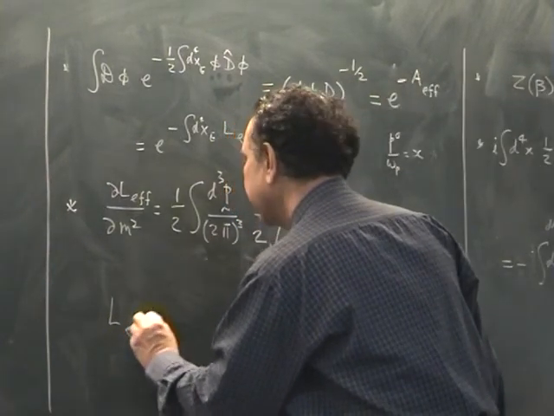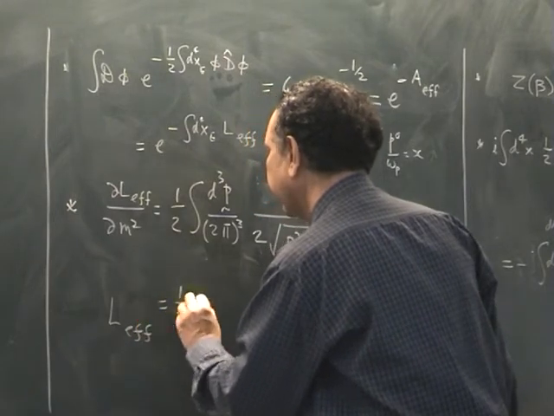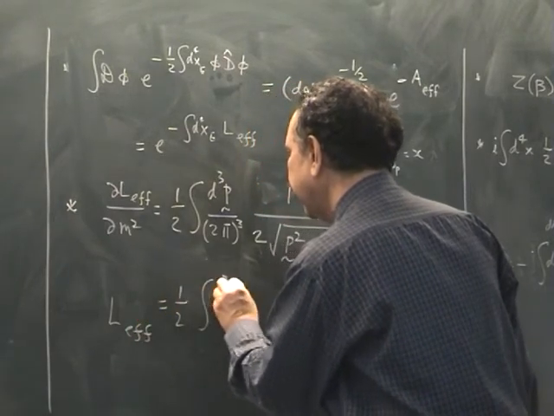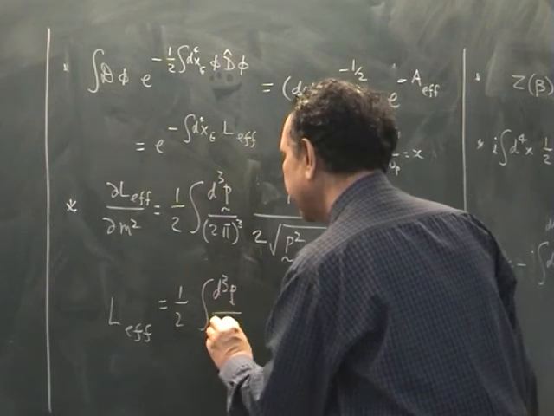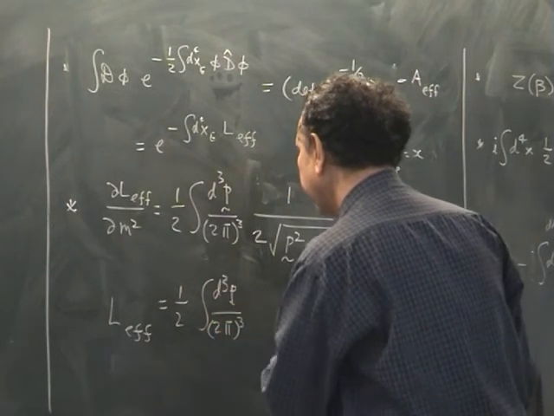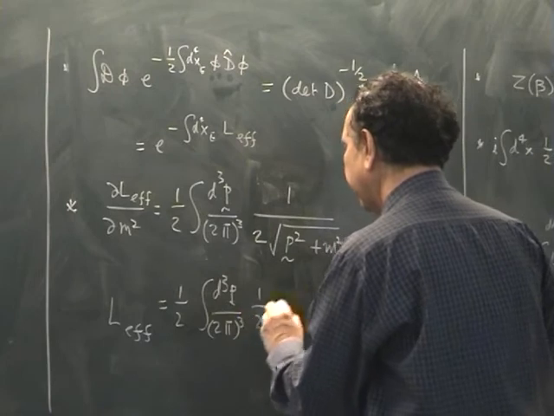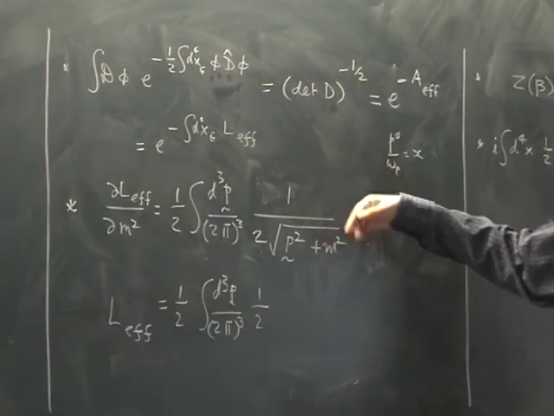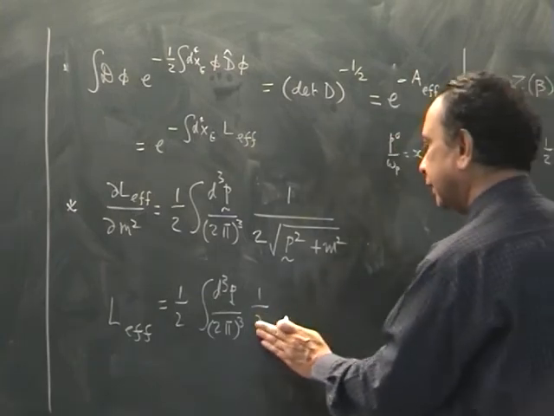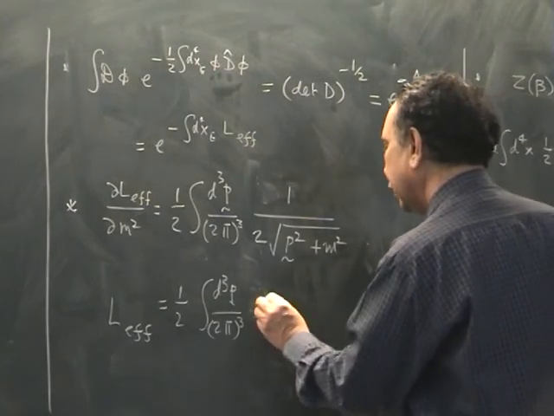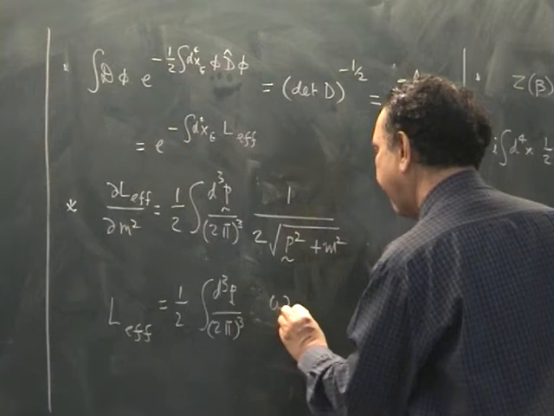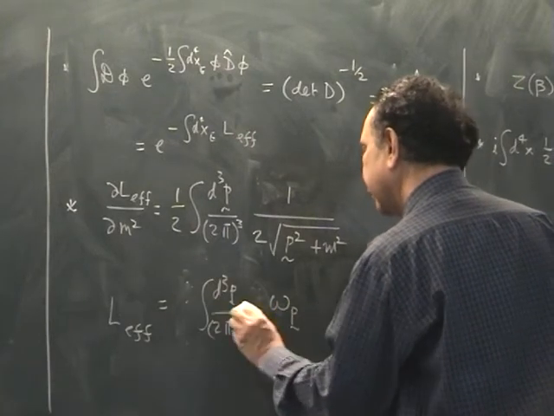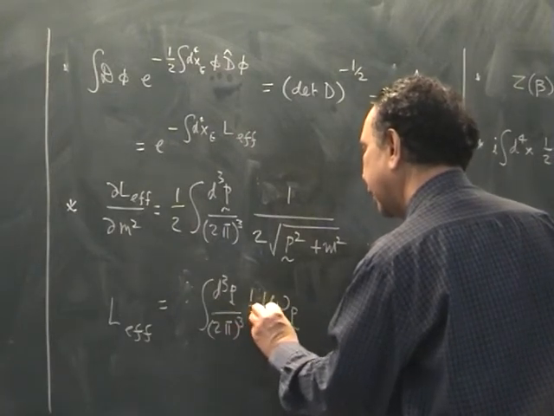So L effective is half integral d3p over 2 pi the whole cube, half something to the minus half integrated over itself, so that is plus half, so that takes away this half and you get omega. Now is a good time to put this half inside and also write a h cross.